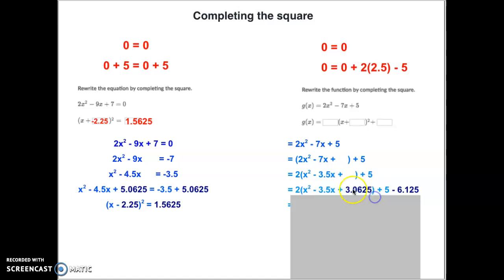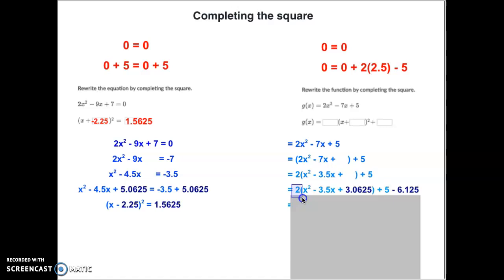You will notice as I added 3.0625, I subtracted 6.125. Now you're probably thinking to yourself, but those don't equal. Well, they actually do, because remember, whatever is inside this parenthesis that I just added, I need to multiply by the number on the outside of that. So what is 2 times 3.0625?